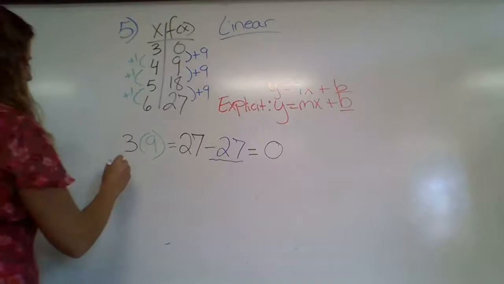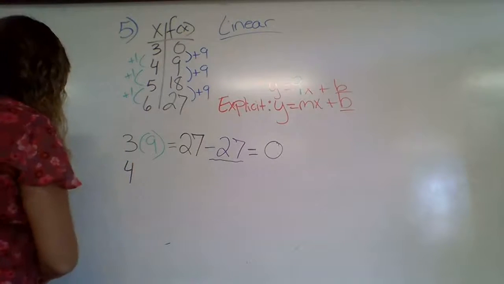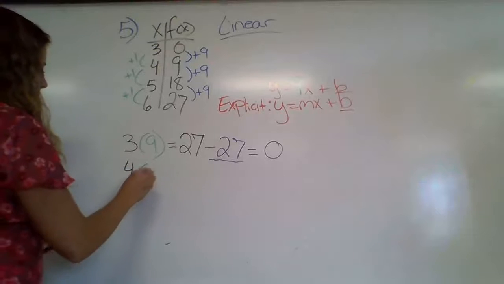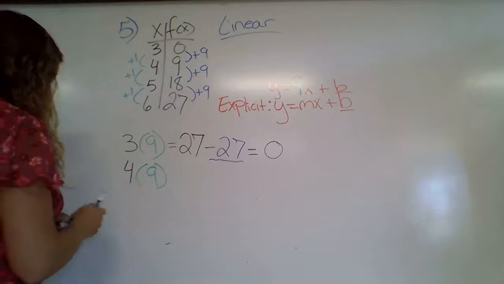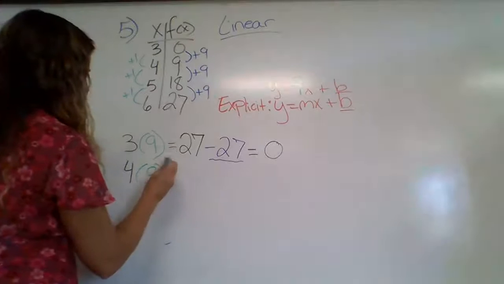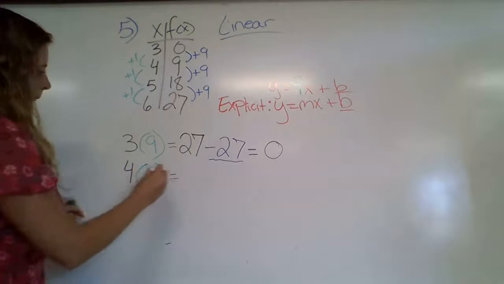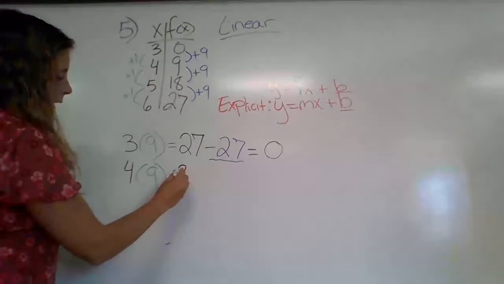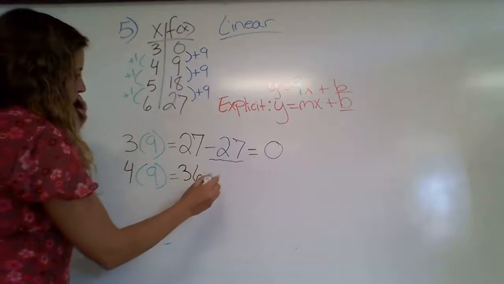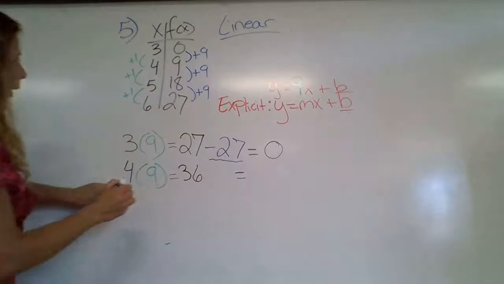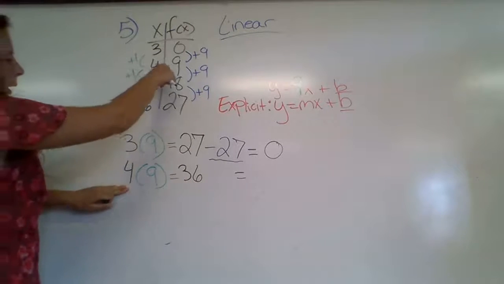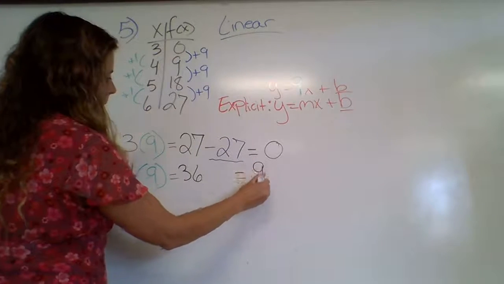So you can take your next x value, 4, multiply by your slope. 4 times 9, 36. But we need this when x is 4, y should be 9. Okay?